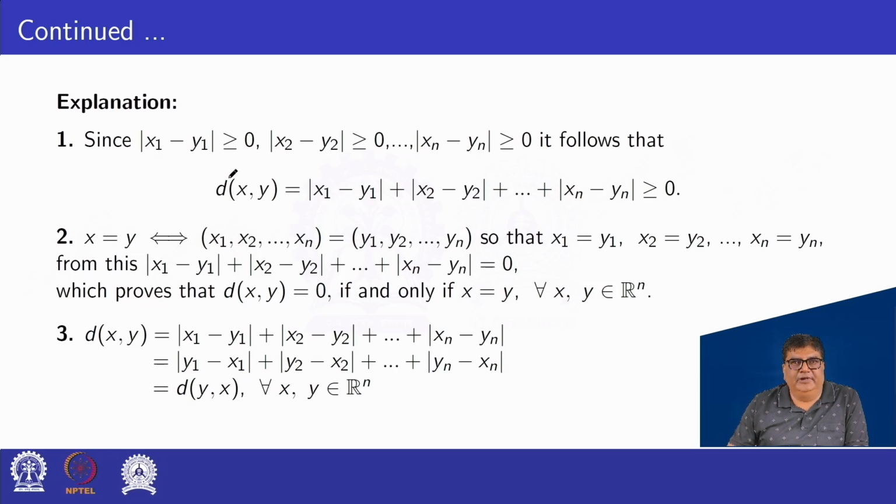Okay, as per definition of dxy is equal to modulus of x1 minus y1 plus modulus of x2 minus y2 plus and so on modulus of xn minus yn. So this expression can be written as dyx. So dxy is equal to dyx. So third condition also satisfied.